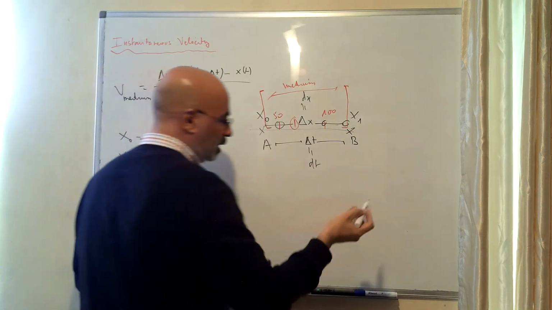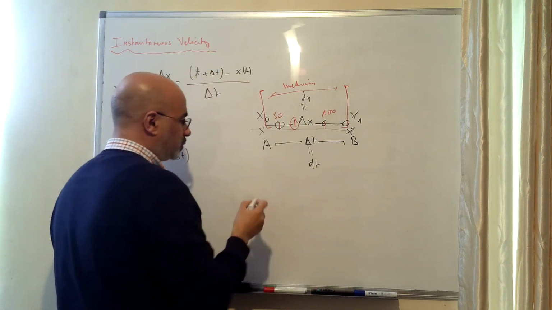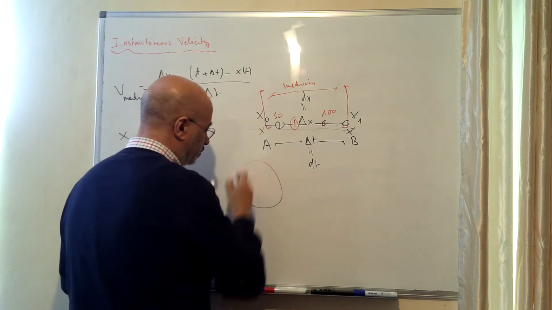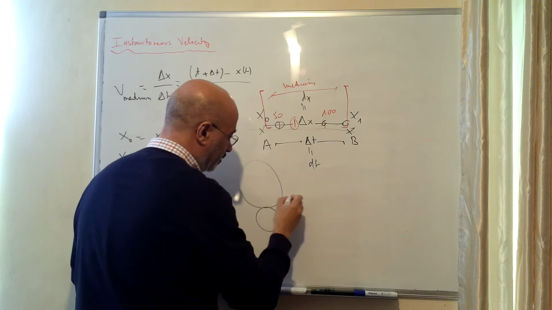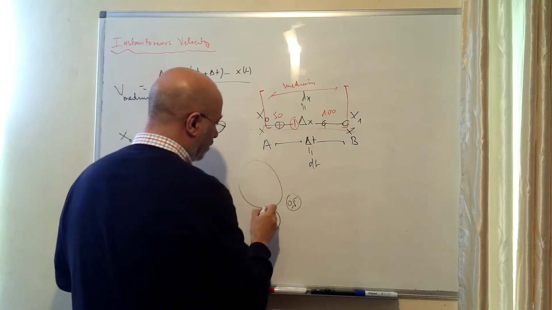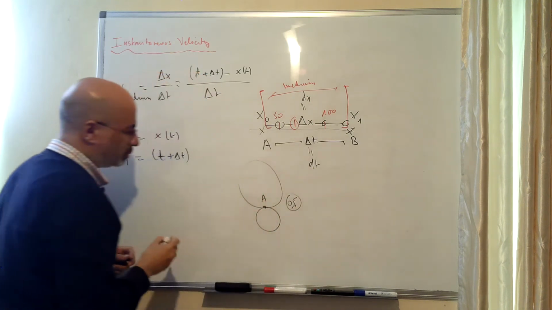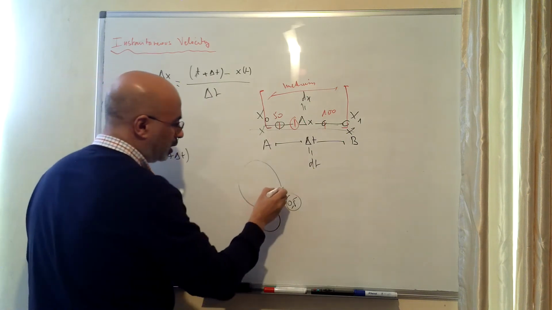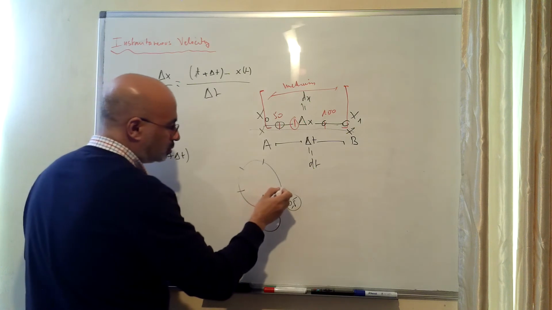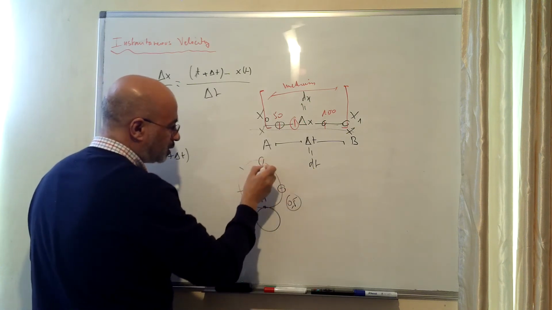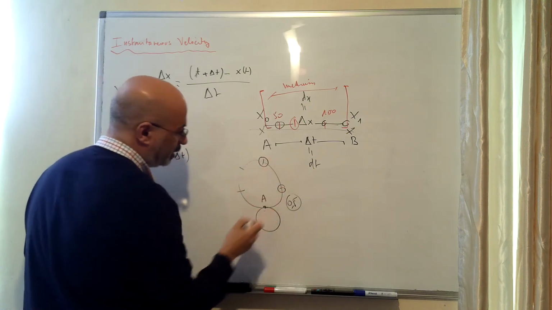For example, we have a point here, and another point here, so we should know all these points when they arrive here. Why?